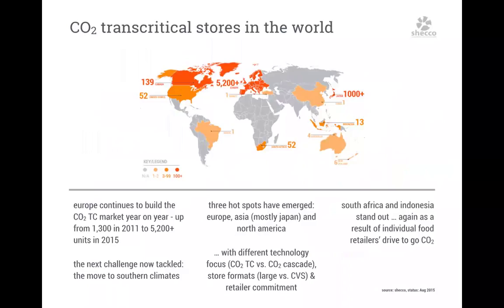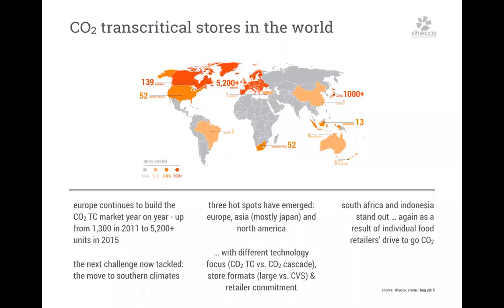A very stable growth, a very large growth, where we are looking at 5,200 stores using these solutions. This is a conservative estimate. And the next challenge, as I was saying, is developing technologies that make CO2 effective in Spain and in southern climates. There are 3 hotspots that have emerged on the world map.